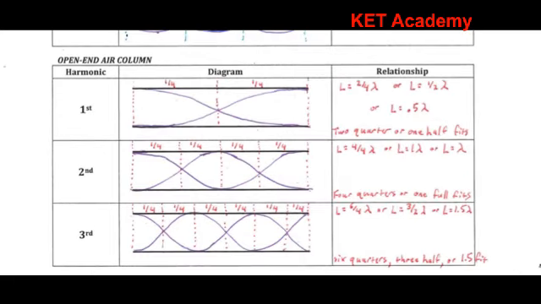Something like a flute, which would be open at both ends. So we'll notice that the waveform appears a little bit different. Rather than starting on a node, we actually start on an antinode of a wave, and the node will happen in the middle.